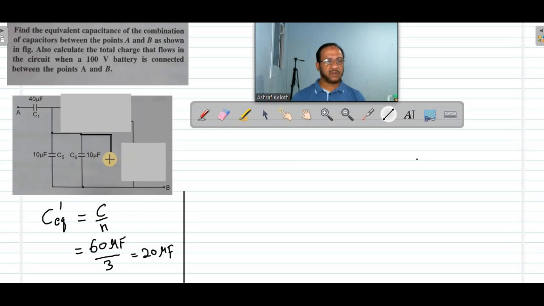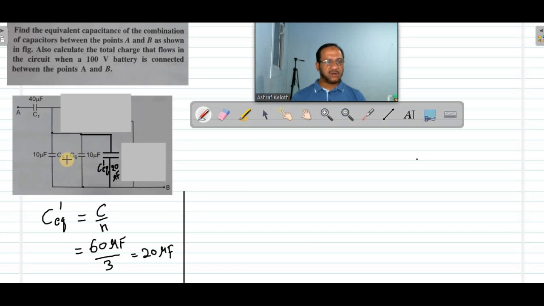You can remove C2, C3, C4, and instead connect a single capacitor. This is the equivalent capacitance CEQ dash, its value is 20 microfarad. Now these three, C5, C6 and C equivalent dash, are parallel.